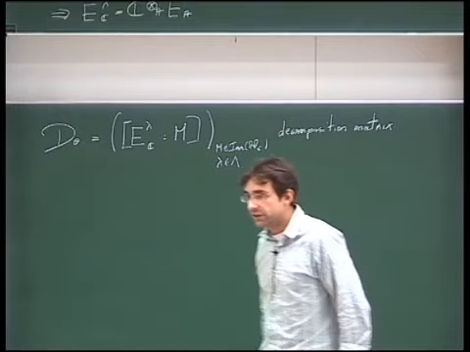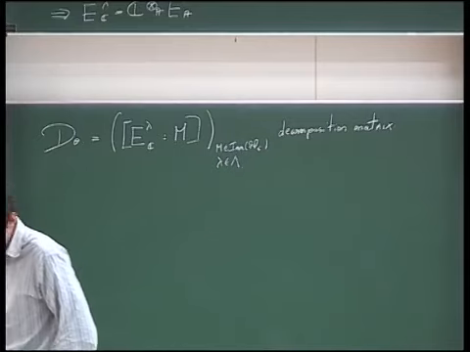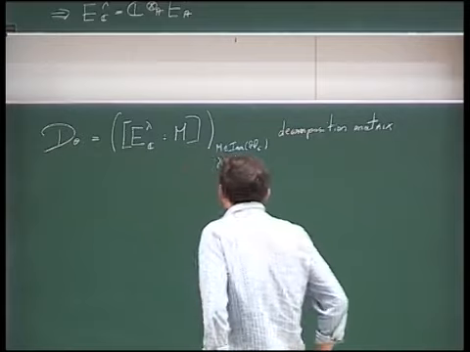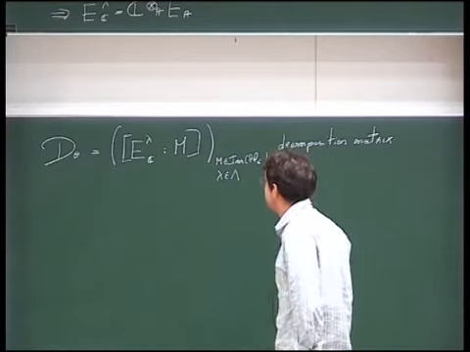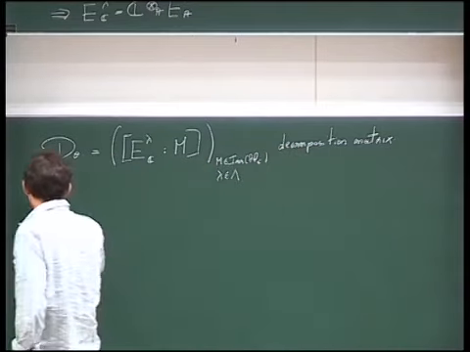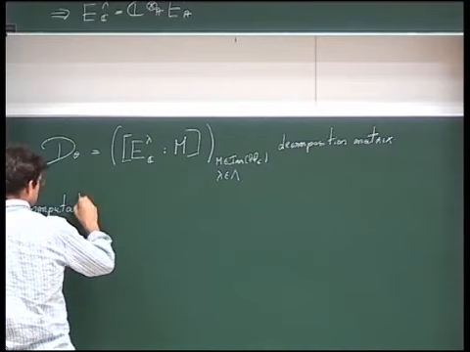We can show that this is well defined. So you have an object which can control the representation theory of Hc. Now the problem is, can you compute this matrix?